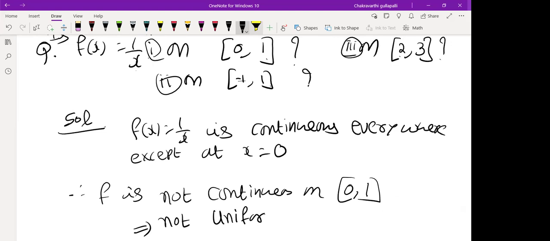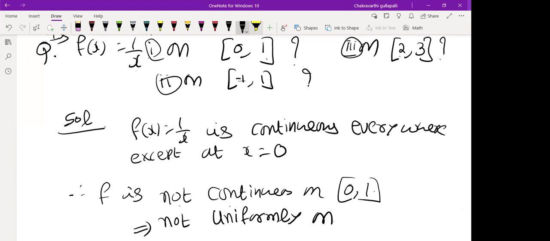Ma'am, it is not continuous even on the open interval, right, ma'am? It is continuous on the open interval, but in order to apply the shortcut, we have to test on the closed interval. Not continuous on this means there is a failure point. It is continuous everywhere except at 0.